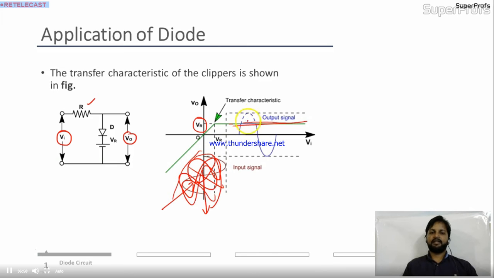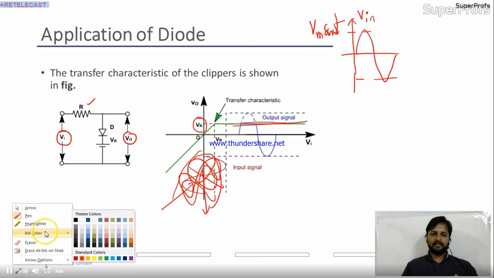I'll apply it in another way. The input V in is like this, let's take it as Vm sin omega t. Now you have to clip the portion above the reference voltage.